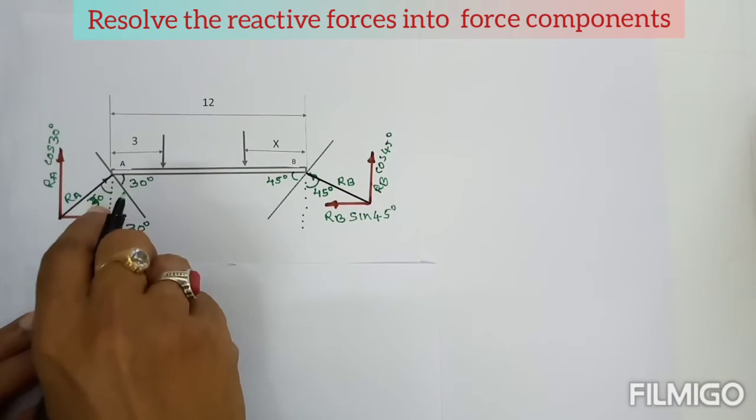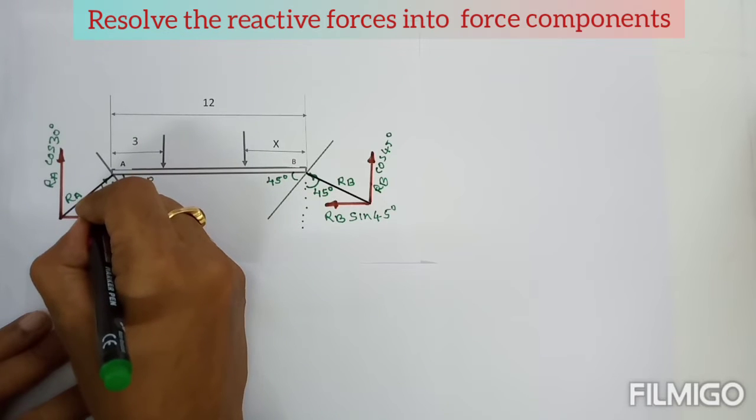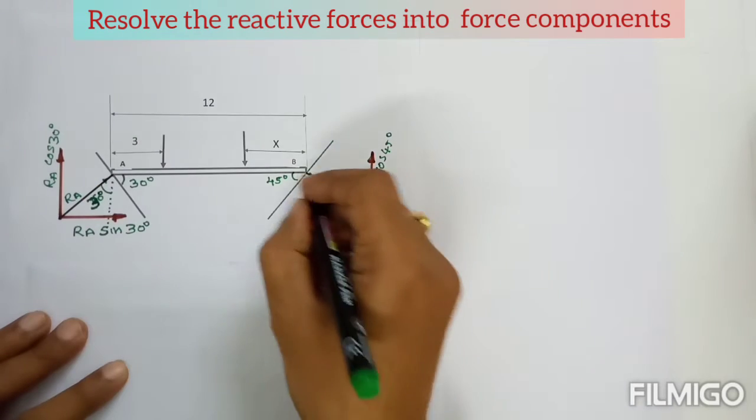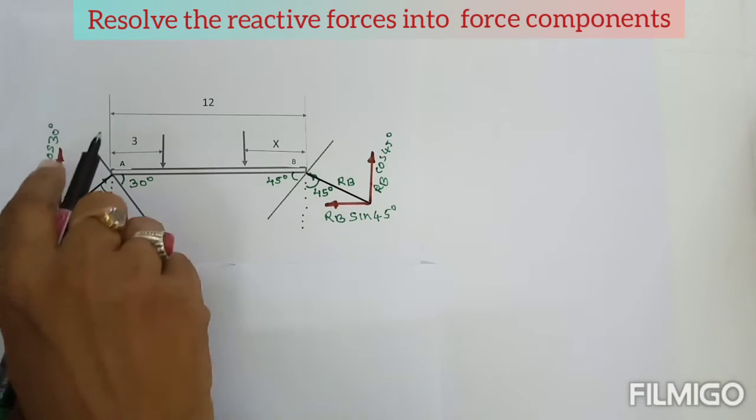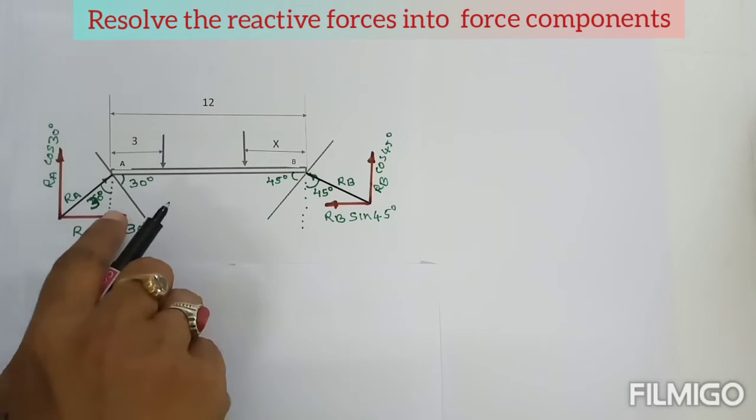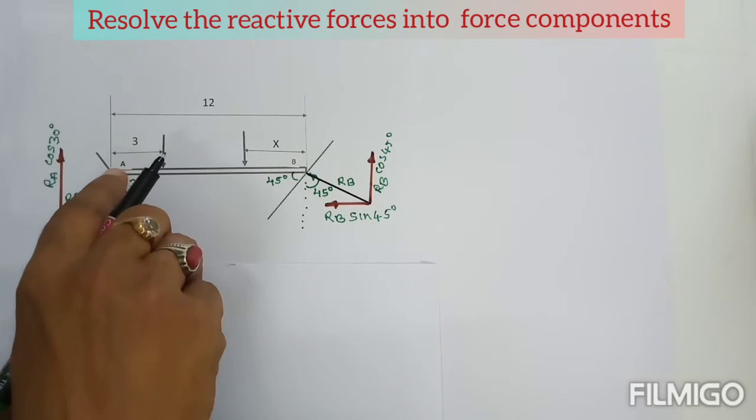Here RA is making an angle of 30 degrees to the vertical and RB is making an angle of 45 degrees to the vertical. Here the resolution of these forces can be placed here, even here also.